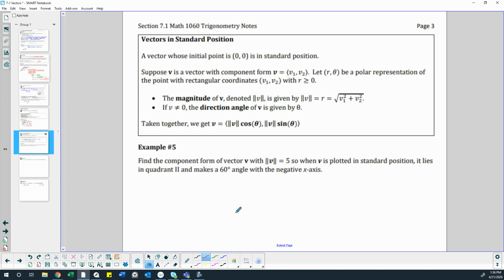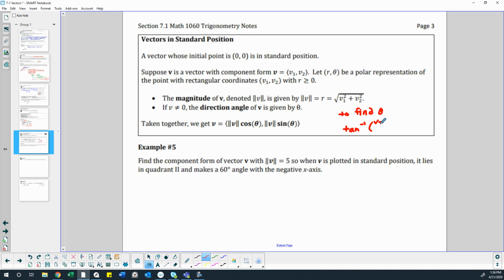Now, something I didn't put in this chart because it wasn't actually listed in the book, it's just kind of assuming that you're going to remember, and you could add it in here if you wanted to. To find theta, what did we do in chapter 6? We did our inverse tangent, correct?